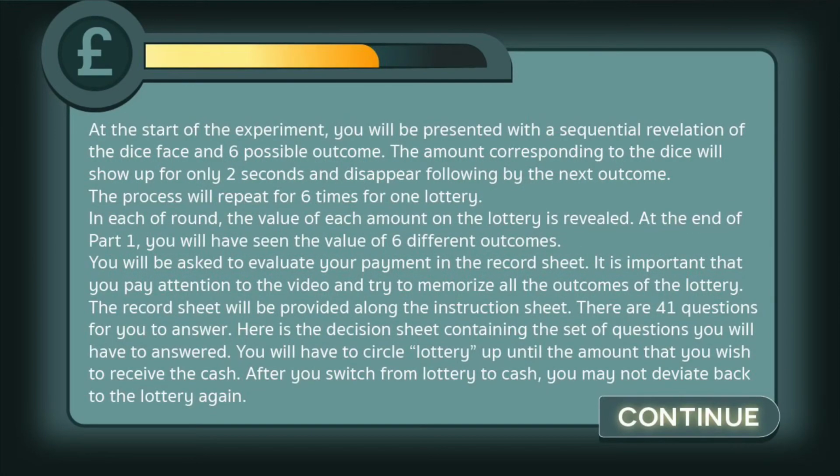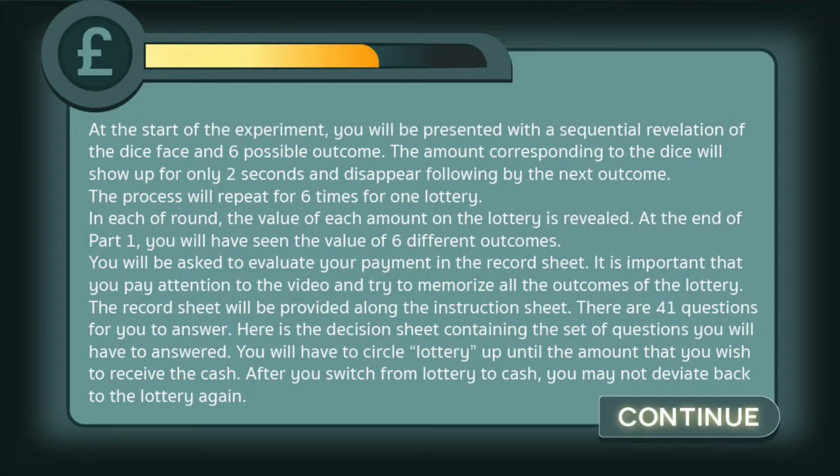At the start of the experiment, you will be presented with a sequential revelation of the dice face and 6 possible outcomes. The amount corresponding to the dice will show up for only 2 seconds and disappear, followed by the next outcome. The process will repeat 6 times for one lottery. In each round, the value of each amount on the lottery is revealed.